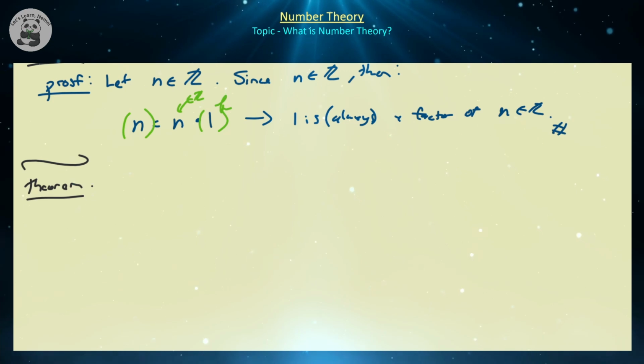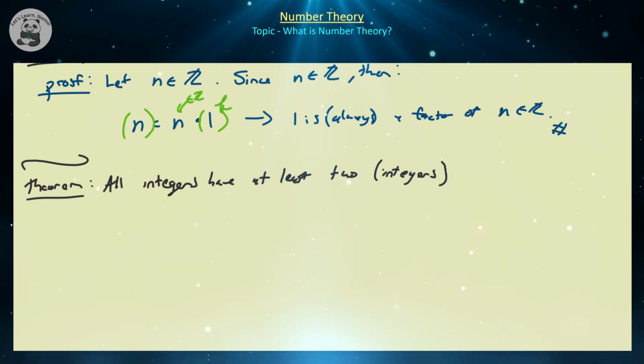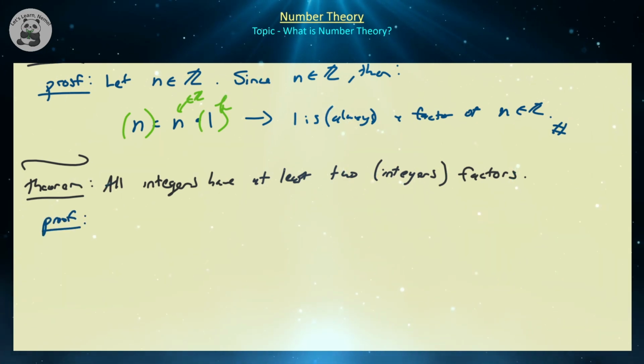Another important theorem is the following. All integers have at least 2 factors. And keep in mind, when we're talking about factors, we're usually talking about integer factors, right? Maybe you want to pause this video and prove this on your own. Again, we begin by letting n be an arbitrary integer.